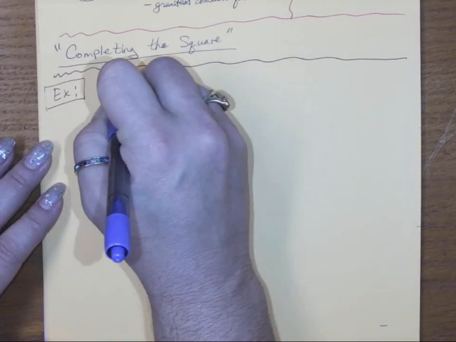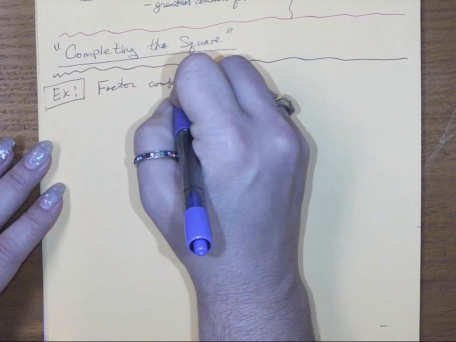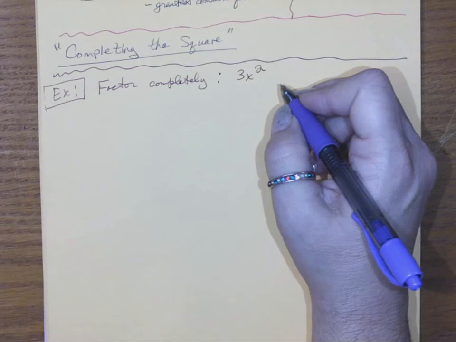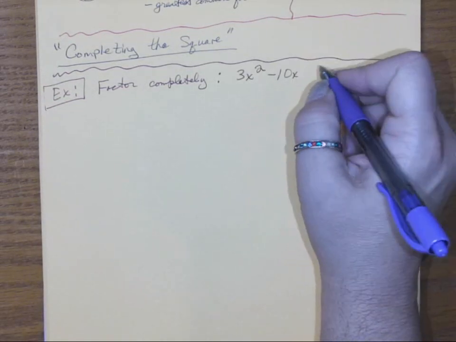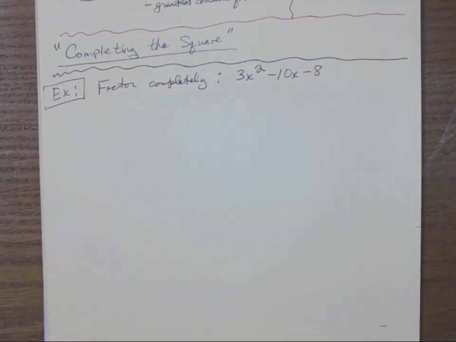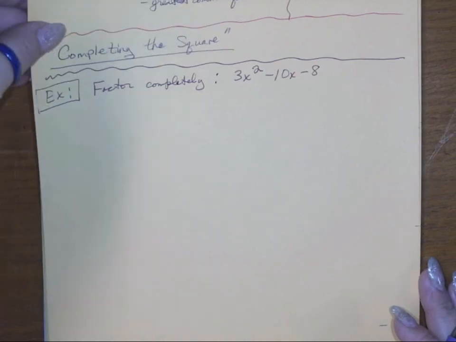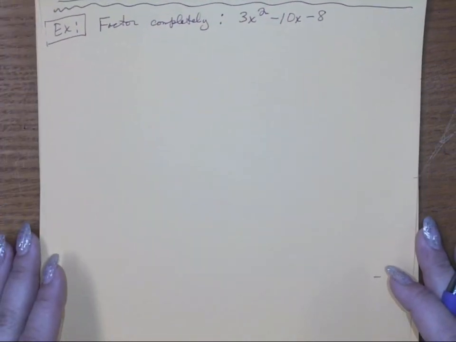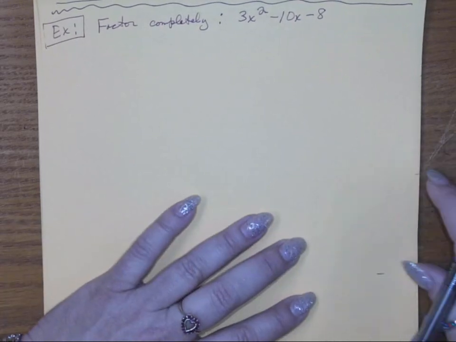So again, we want to factor completely, and your problem is going to be 3x squared minus 10x minus 8. Okay. So first, just the process of learning how to factor using the AC method. Make sure you can do it and you can move on with that. Okay, so what would you have me do first if we're doing this AC method?